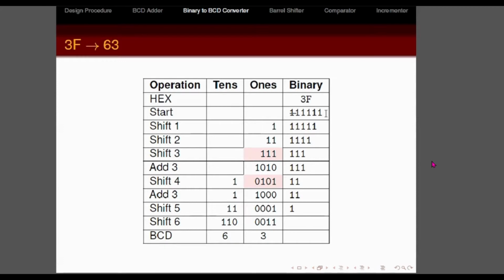This is 3F. 1, 2, 3, 4, 5, 6, 6 bits. So first you have to decide how many bits, because as we said just now, no, sorry, this is a 7-bit number.